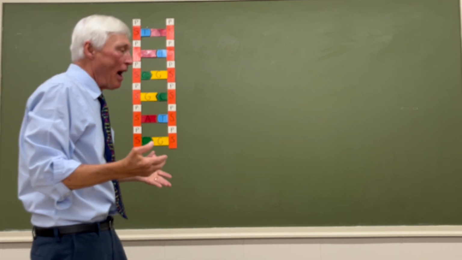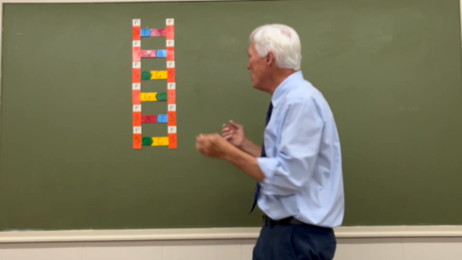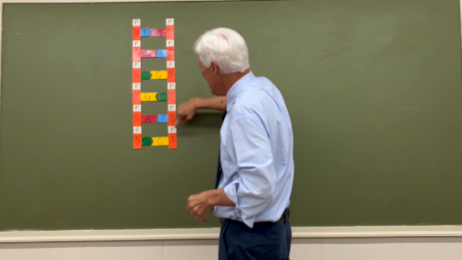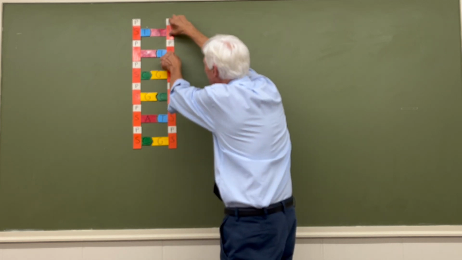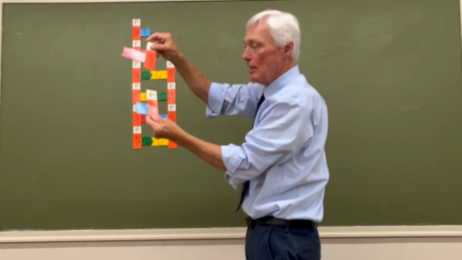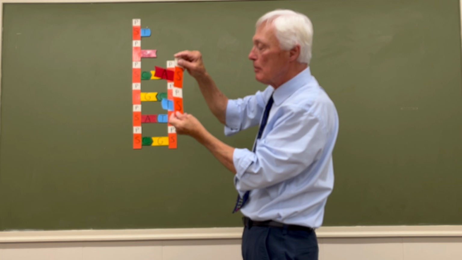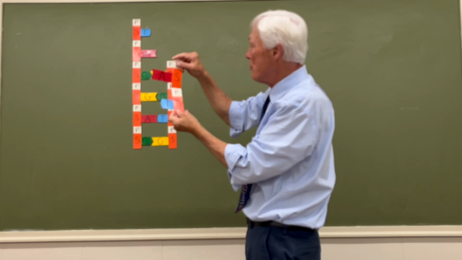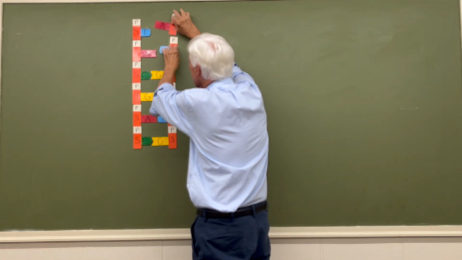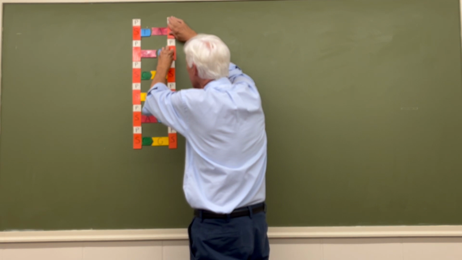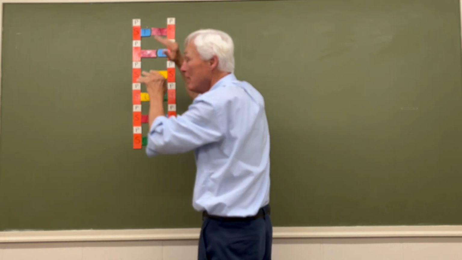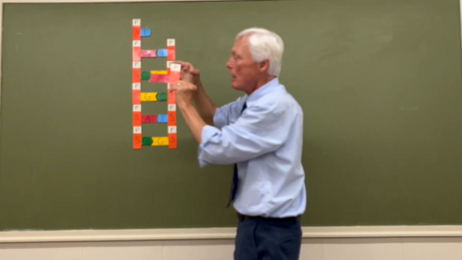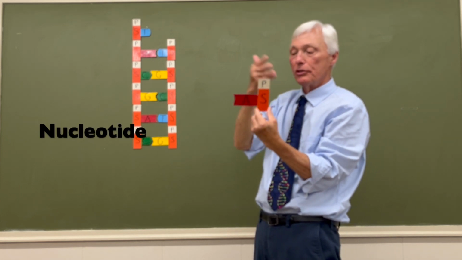Now, I don't have enough hands to show you, but the bonds holding these building blocks of DNA together, for example, these 2 building blocks of DNA, those are very strong chemical bonds, and so the whole side of the ladder doesn't break apart like I'm going to show you, simply because I don't have enough hands. But these basic building blocks of DNA right here are called nucleotides.